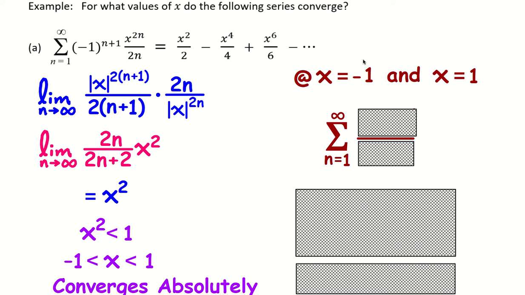But when we check the endpoints exactly, we're going to go with the untainted series, which, by the way, is alternating without all the absolute value. This will be an alternating series. Maybe we're going to use the alternating series test. But anyway, let's get down to it.